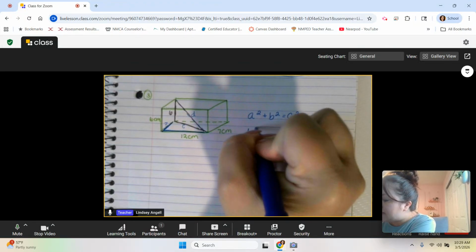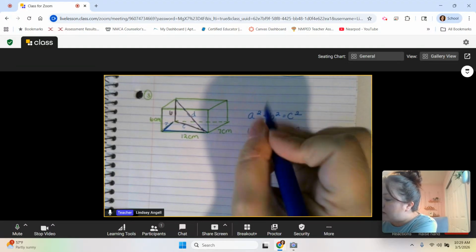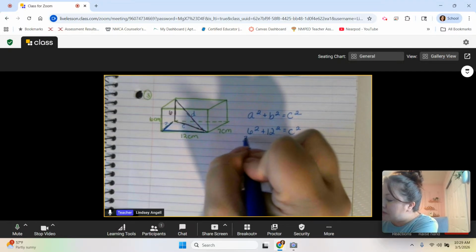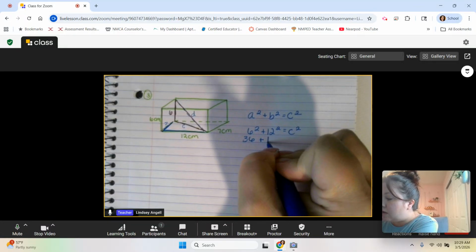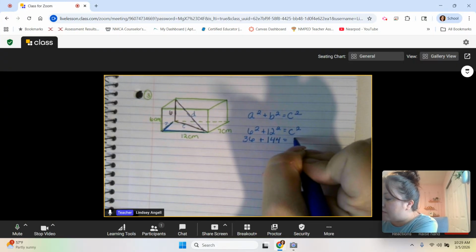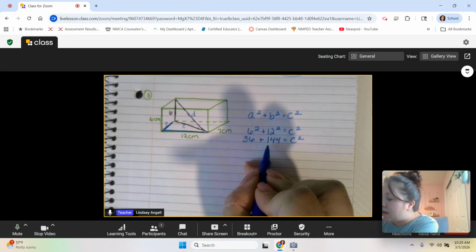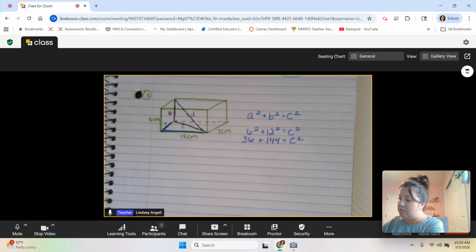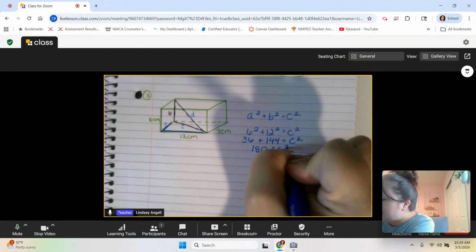So we could say 6 squared plus 12 squared equals c squared, which, let's see, 6 squared is equal to 36, 12 squared is equal to 144. We'll add those together, and let's see, what do we get? We get 180, right? So we'll have 180 equals c squared.